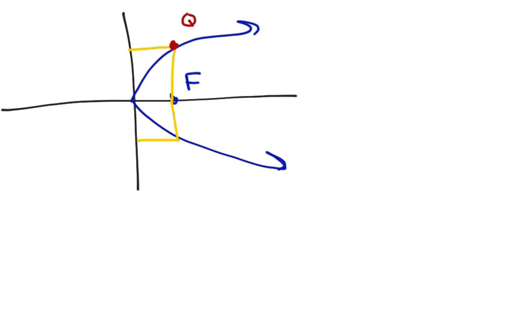When we draw a line from the focus to some point on the outside of the parabola, this length here is called the latus rectum. Now we know that this distance here is p because it's the same as this distance here, because it kind of makes a rectangle.